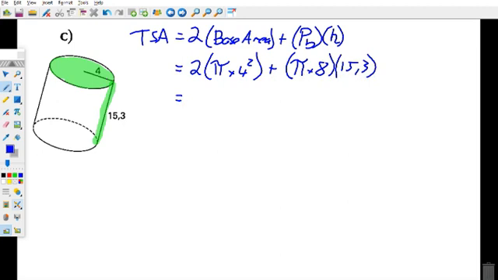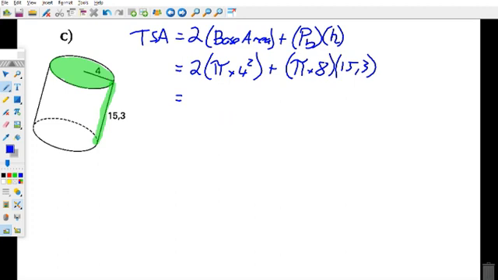Plug that into your calculator, and what do you get? We're going to take 2 times pi times 4 squared plus pi times 8 times 15.3.